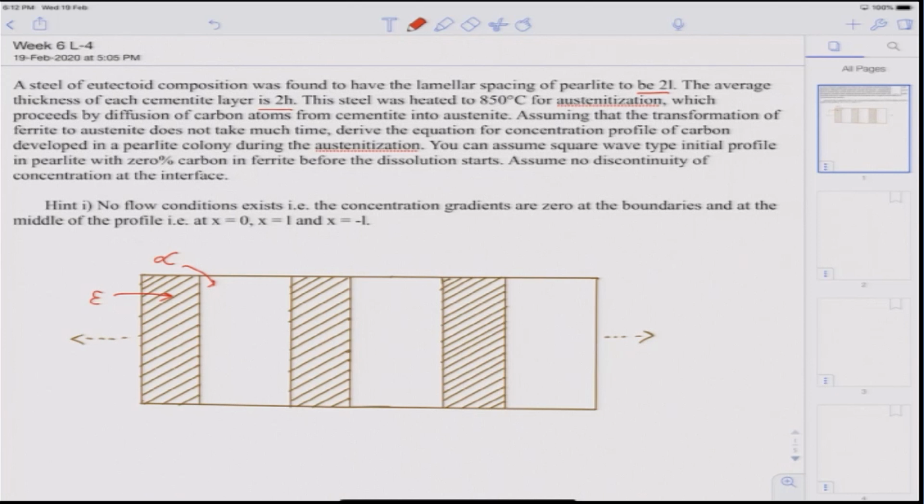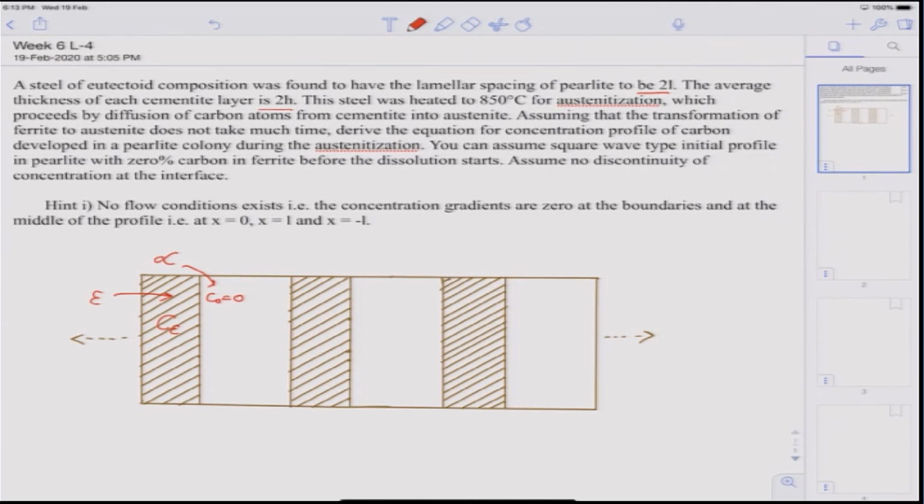This is the profile to start with. The concentration of carbon in ferrite is 0, and the concentration in the cementite, let us denote it as C epsilon. Now, we are dealing with a pearlite spacing of 2L. So, the period here is 2L and each cementite layer has a thickness of 2H.